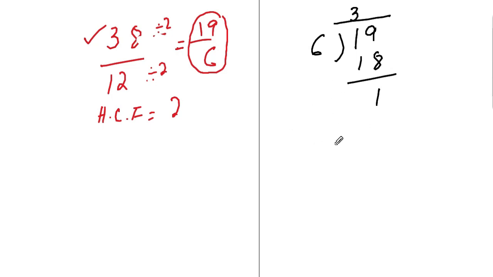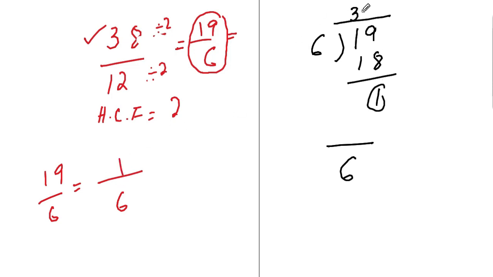As I told you always, the denominator will remain the same, that is 6. Okay, I'm writing here 19 by 6 equals 6 in the bottom number, and what will be on the top? Your remainder will be on the top, that is 1, and the quotient will be on the side.